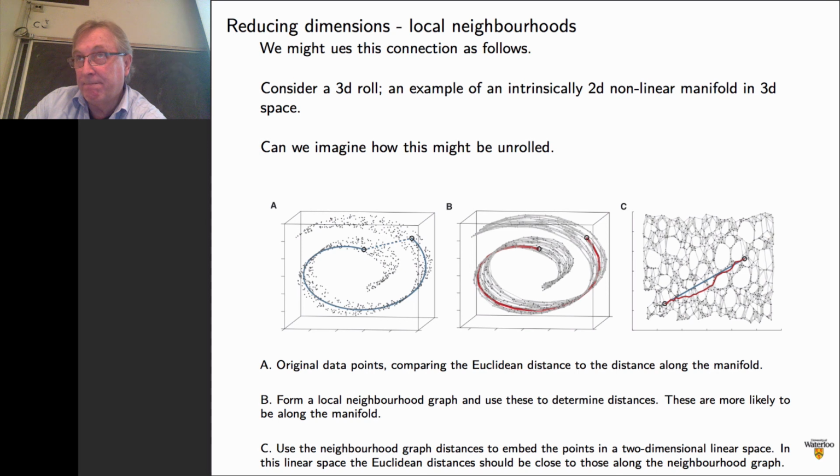Yeah. So what happened to the second step? So the second graph? Here? Yeah. So that's just used to calculate. So you imagine that this red curve here is the shortest path along the nearest neighbor graph between those points. That's that same curve there in the plane. So from A to B. From here to here? Yeah. I see.